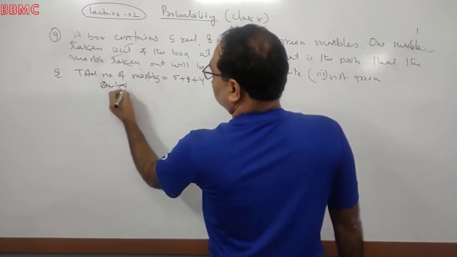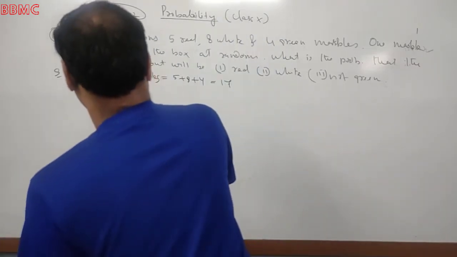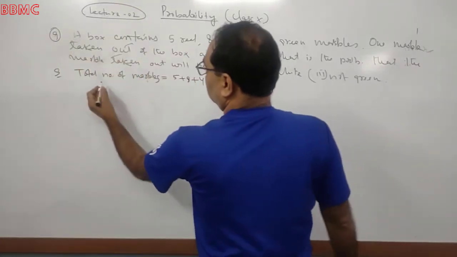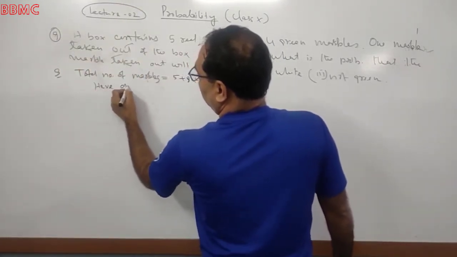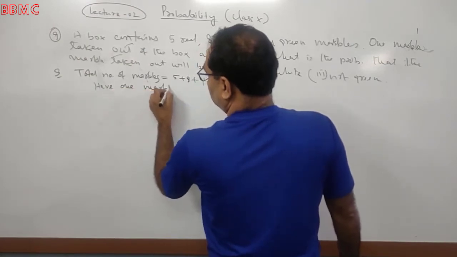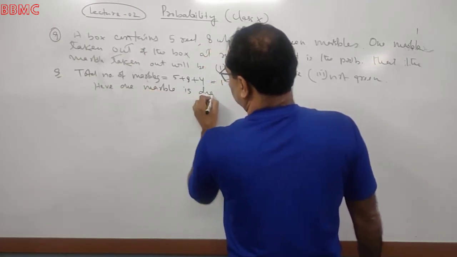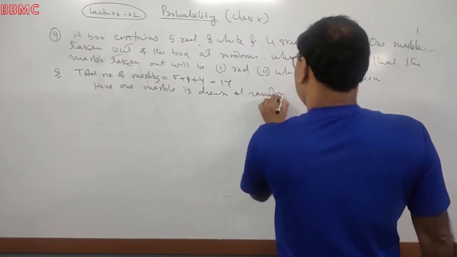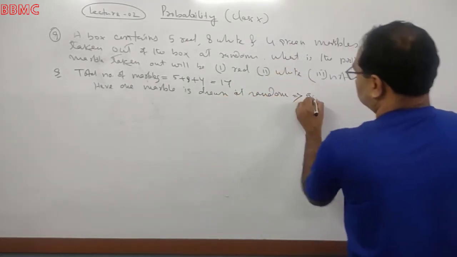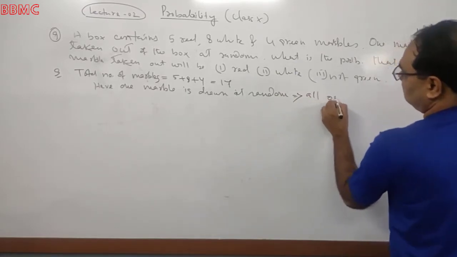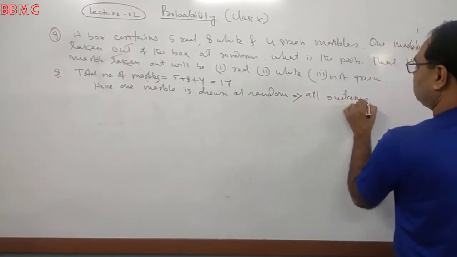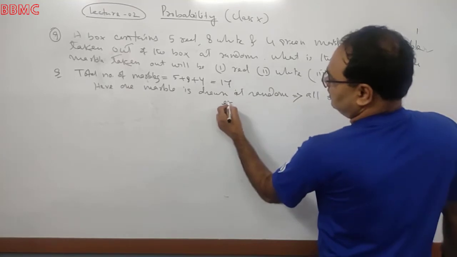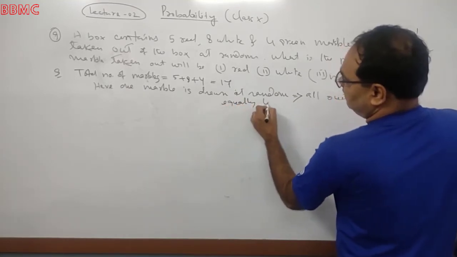One marble is drawn at random. This implies all outcomes are equally likely.